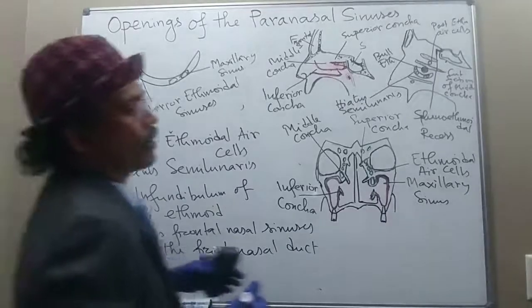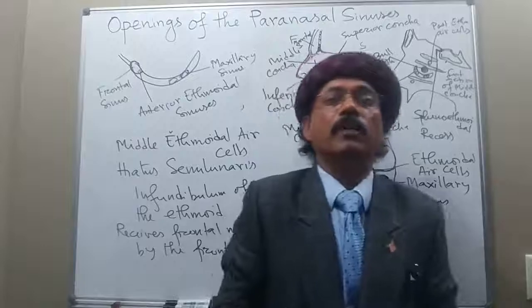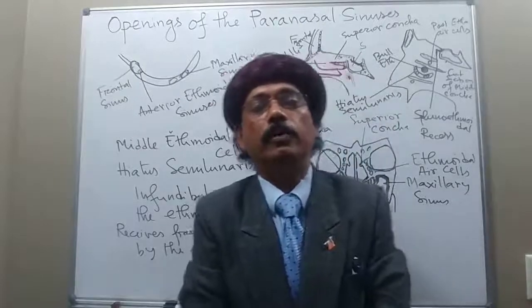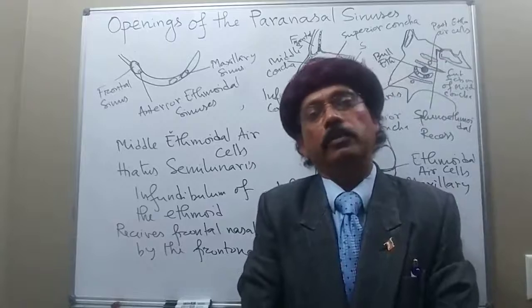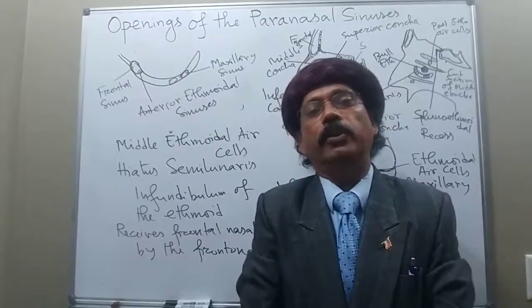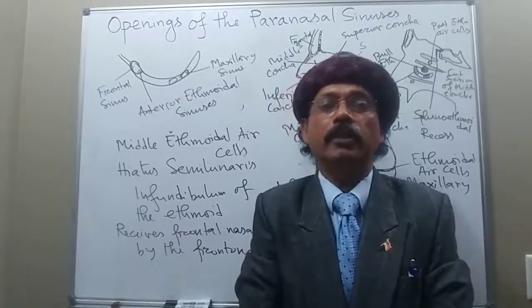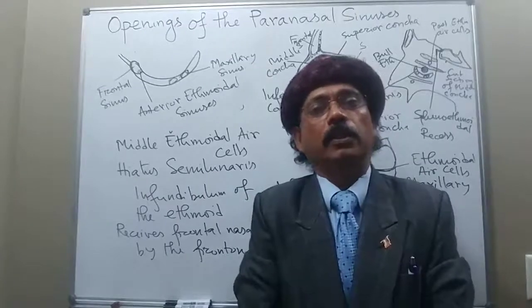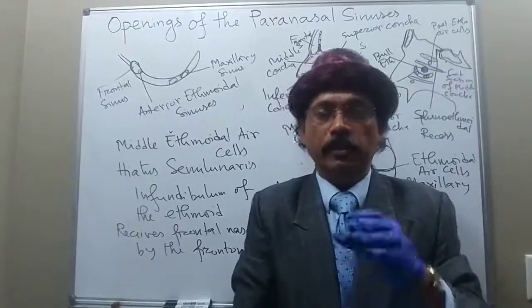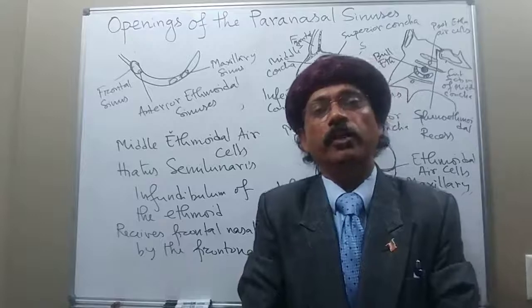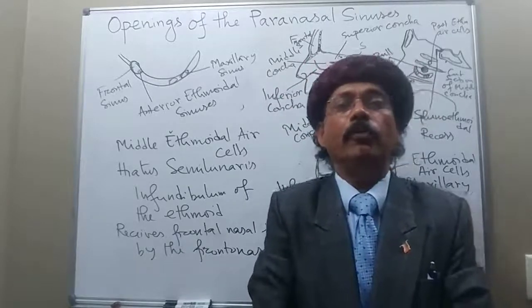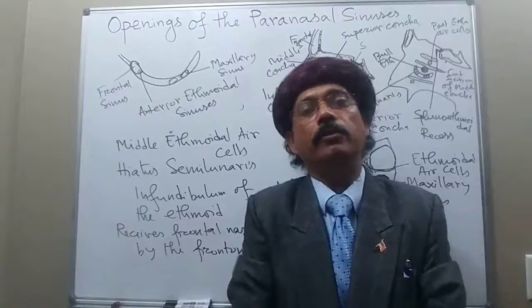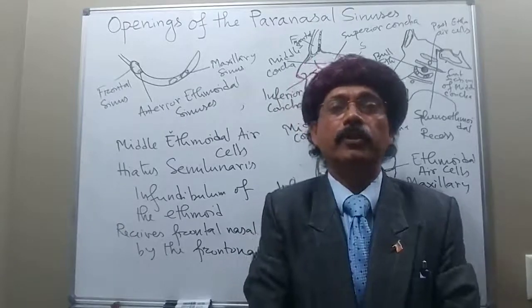Okay. So let us summarize again. Frontal sinus opens into the anterior part of the hiatus semilunaris by means of the frontal nasal duct, and this part is called the infundibulum of the ethmoid, which also receives the anterior group of ethmoidal air cells.